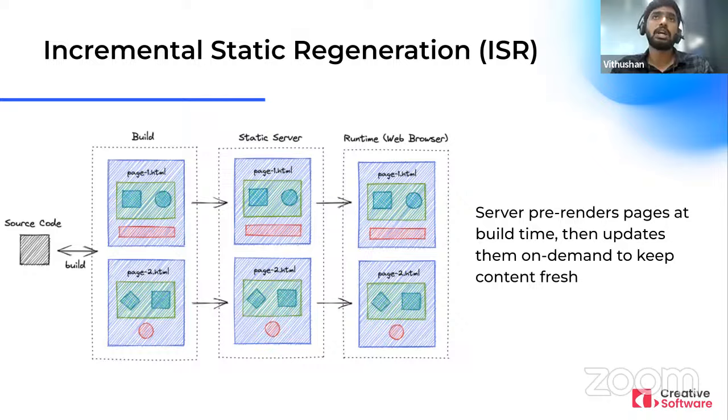The content can be updated from time to time, and we can save performance also. And we have to do only one thing: we have to pass a parameter called revalidate with a number to revalidate the whole content and build and deploy the content on the web browser. That's the only user-side code change that we have to do.